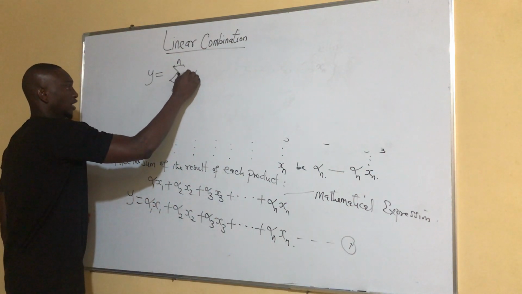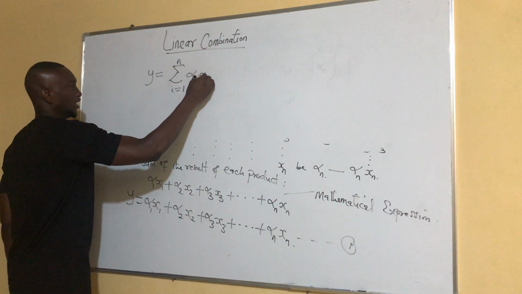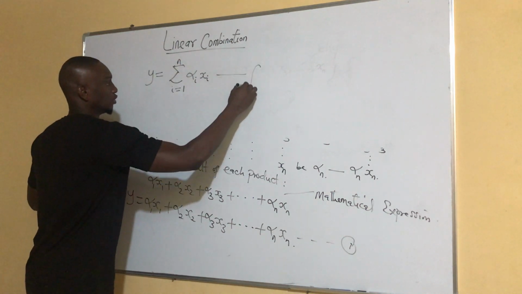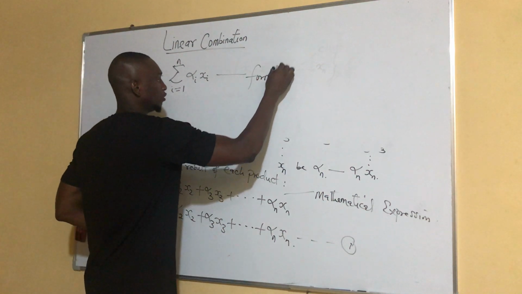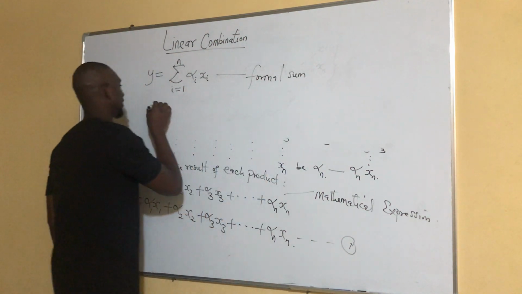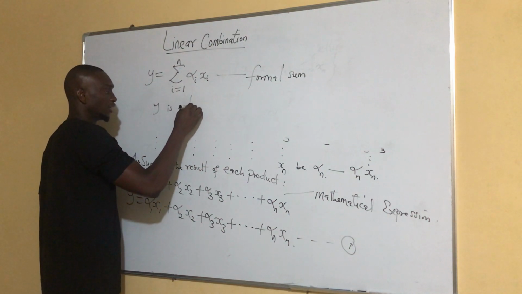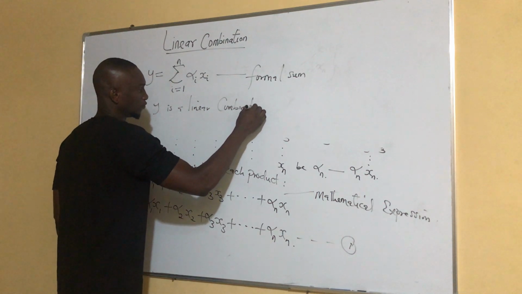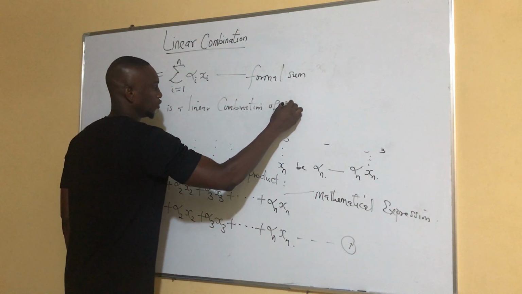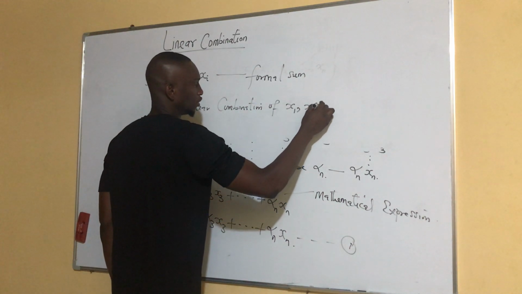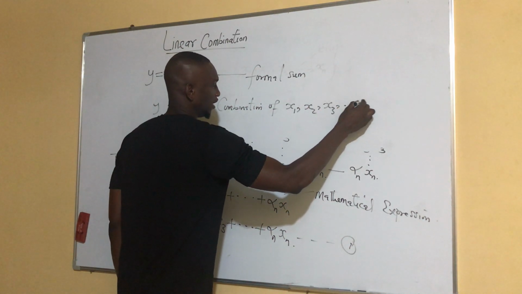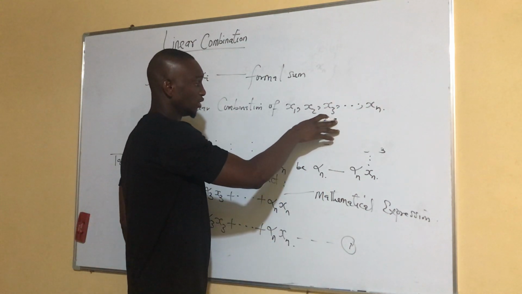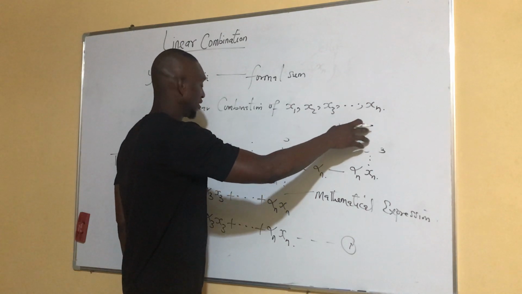Then we have alpha i xi. This formal sum implies that y is a linear combination of x1, x2, x3, and xn. Don't forget this is called an ellipsis because there is an omission in the listing of the elements of A.